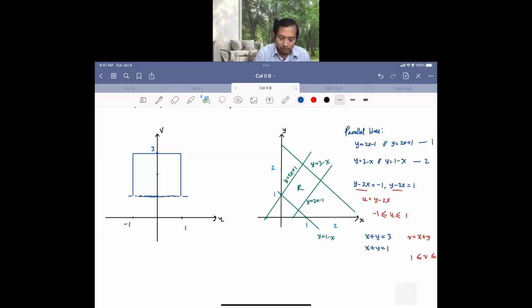Now we have this shape. So this is u equals 1, u equals negative 1, v equals 3, v equals 1, sorry.